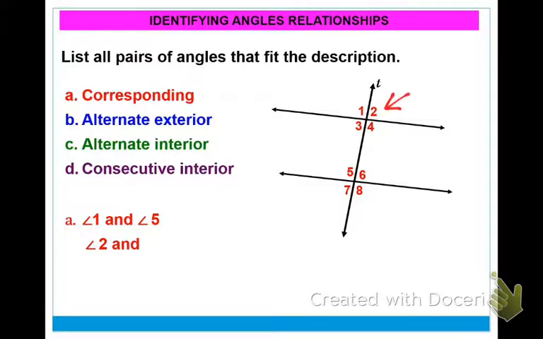They're both in the top right. So 2 and 6. 3 is in the bottom left. So then what angle will correspond with that? 7. 7 is also in the bottom left. 4 is in the bottom right, so it will correspond with angle 8. Good. So 4 and 8.